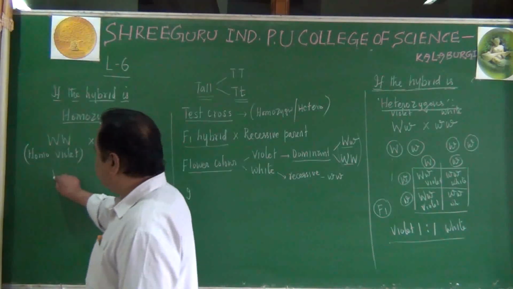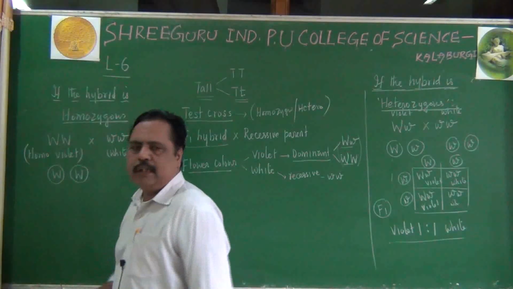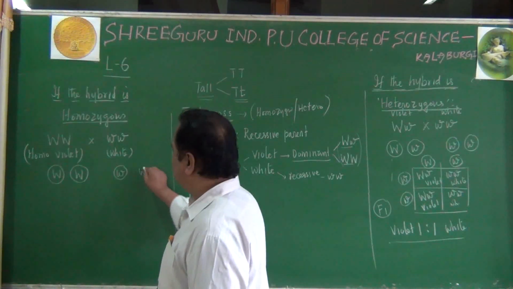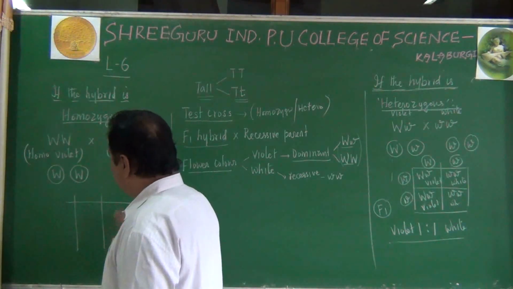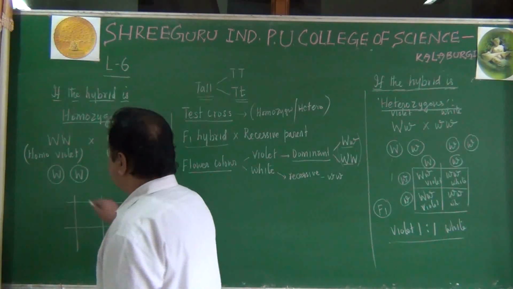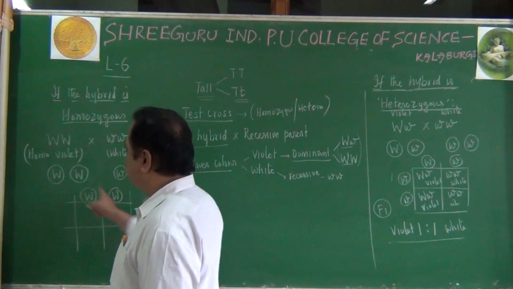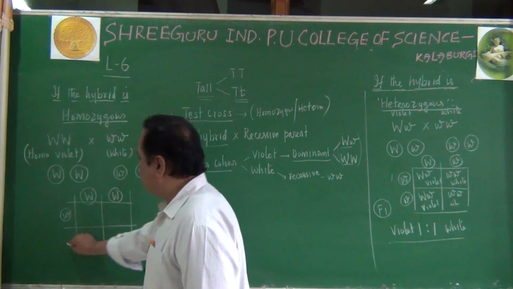Now they produce the gametes like this. This is one gamete with capital W, another gamete with another capital W. Here you are getting small w, small w. What will be the resulting offspring? We shall go for Punnett square. Here, let me take one male gamete, another male gamete, these two I am taking here. And here we are taking small w and small w.